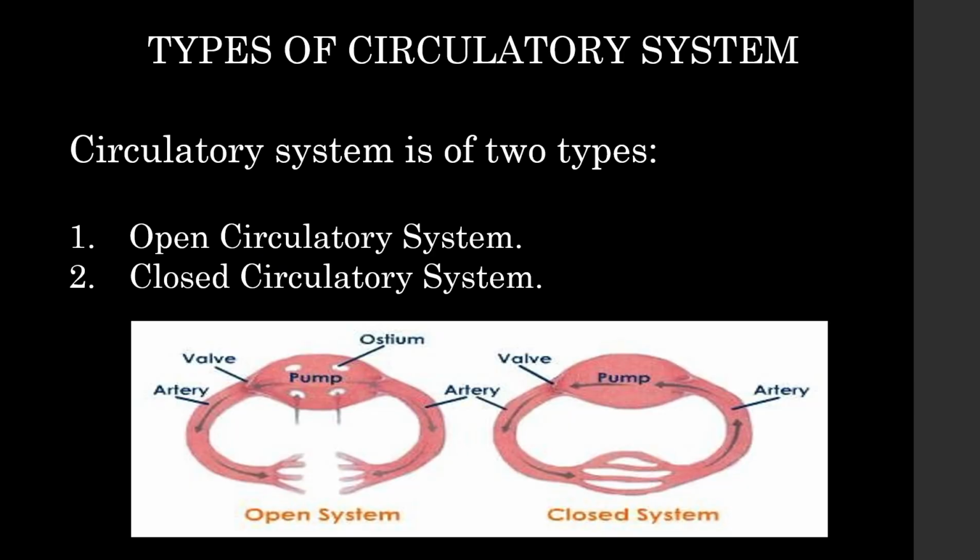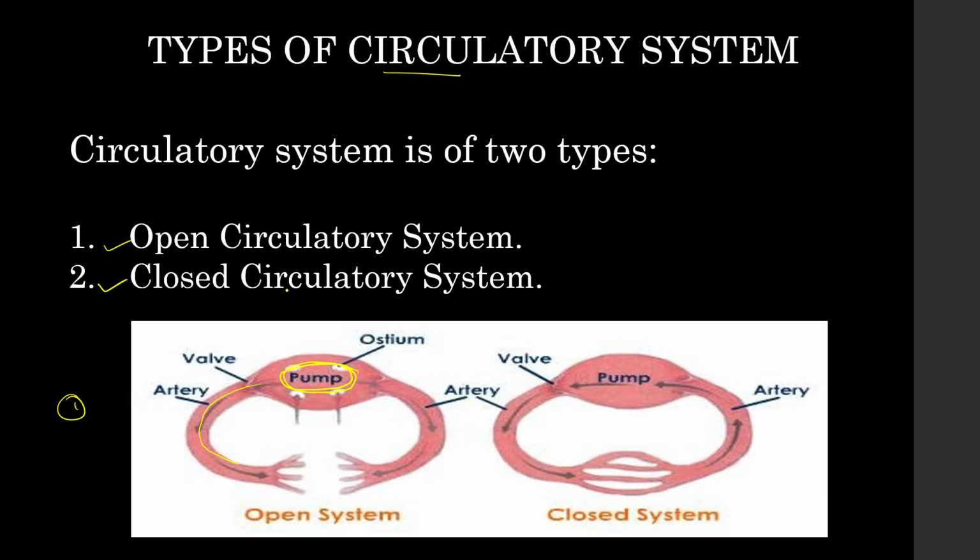Now there are two types of circulatory system. The first one is an open circulatory system and the second one is a closed circulatory system. So what is an open circulatory system? Here the first diagram is of an open circulatory system. When the blood is pumped out of the heart, it passes through large vessels, and from these large vessels the blood needs to reach each and every part of the body, right?